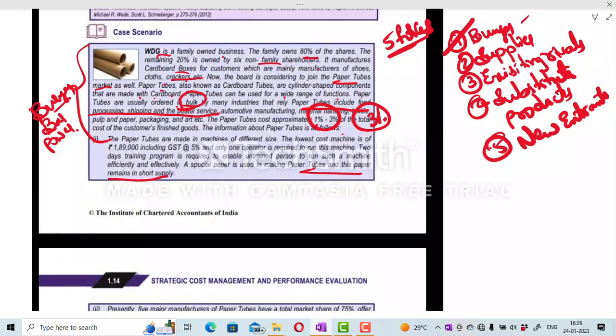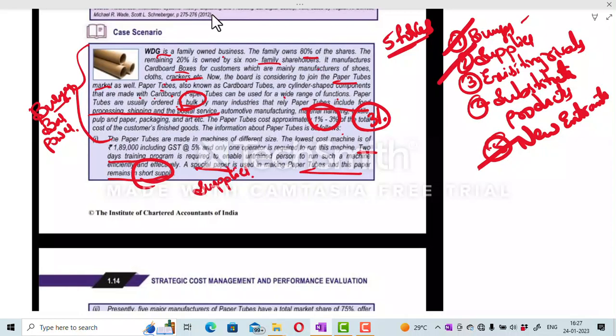See, here it takes only a 2 day training period, which means it is easy to learn paper tube production and enter the market, so new entrants can come easily and do the business. Hence there will be threat of new entrants. And the special paper used in making the tubes is in short supply, which means there are few suppliers selling the product, so there will be supplier bargaining power.